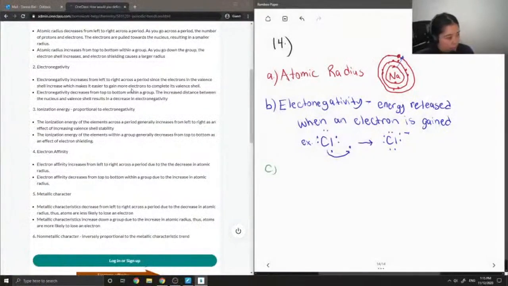So moving on, for ionization energy, this is pretty much the opposite of electronegativity, and it is the energy required to remove an electron.